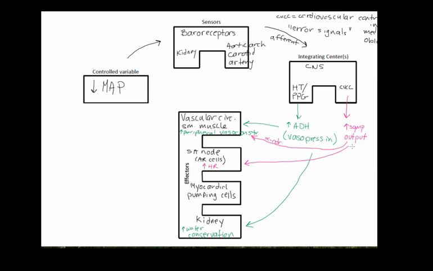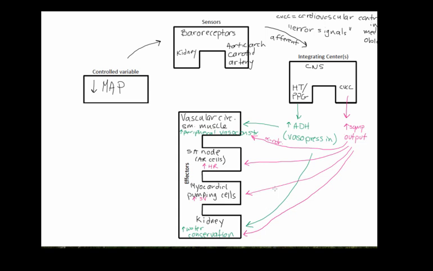And we know we have receptors for epinephrine and norepinephrine on the pumping cells, so we'll get an increase in stroke volume. And the sympathetic output also influences water conservation by the kidney because it reduces blood flow to the kidney through alpha adrenergic receptors. So we can implicate the sympathetic nervous system in water conservation as well.